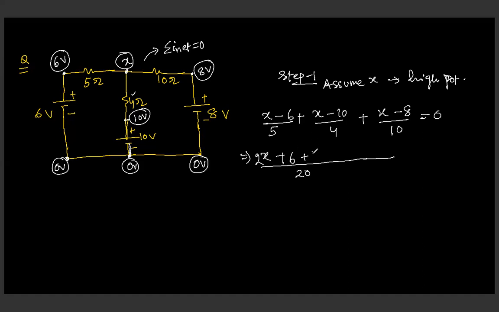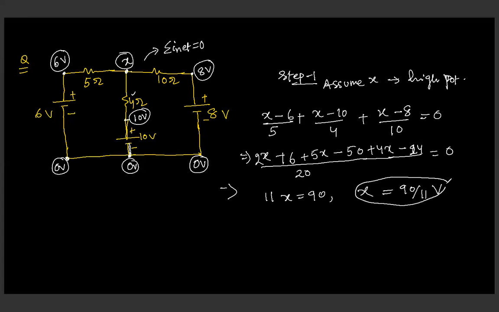Plus 5X minus 50 plus 4X minus 6 minus 24 is equal to 0. Now on solving, we will be getting 11X equal to 90, which is giving us X is equal to 90 by 11 volt. 90 by 11 volt.